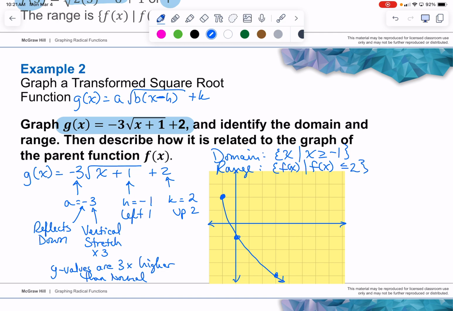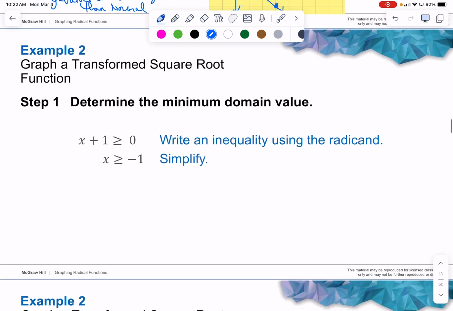Those go down, not the domain. Okay? So the maximum of this function is negative 1 comma 2, right? And because we did the a as 1, we did the vertical stretch and right and left. Okay, I think we've covered everything.